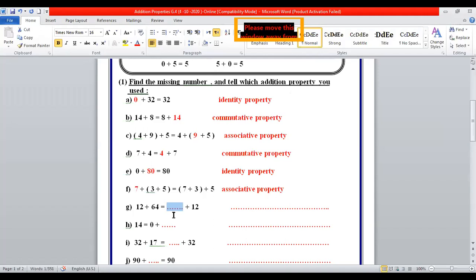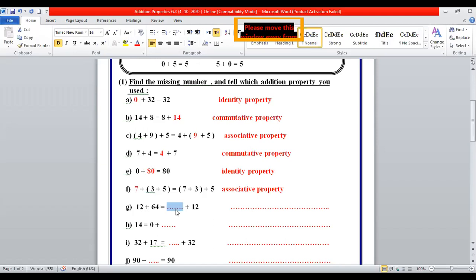12 plus 64 equals blank. You will find the number on the other side. Compare between the two sides. We have 12 plus 64.